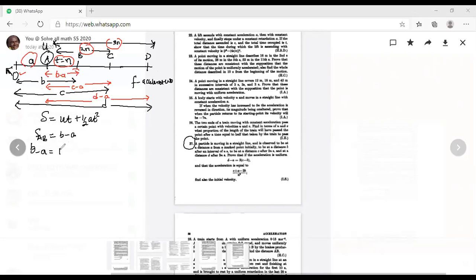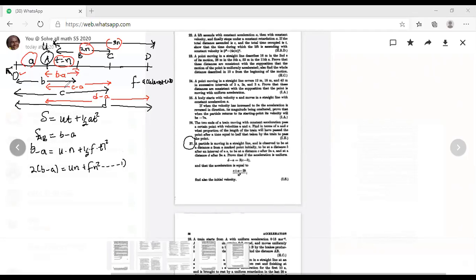So B minus A is equal to U times n plus a half times F times n squared. This will give me 2 times (B minus A) is equal to Un plus Fn squared, equation 1. My acceleration is F, and my time is n for the first case.